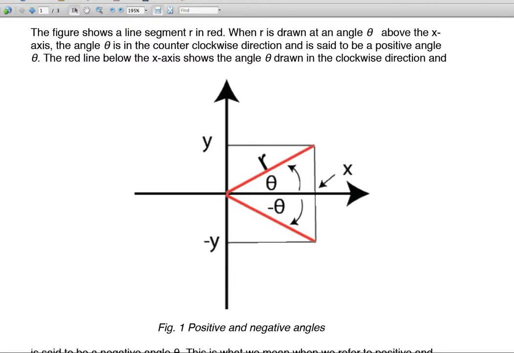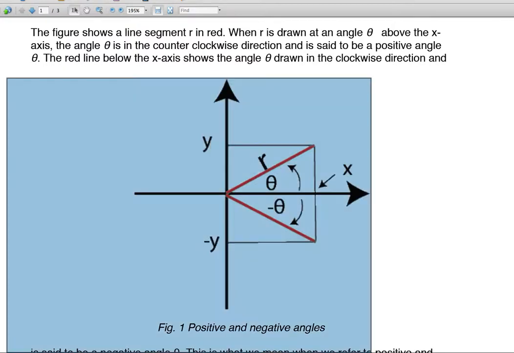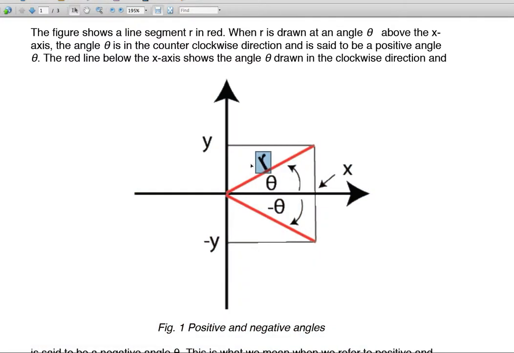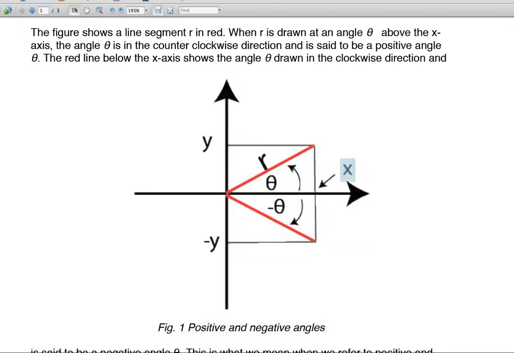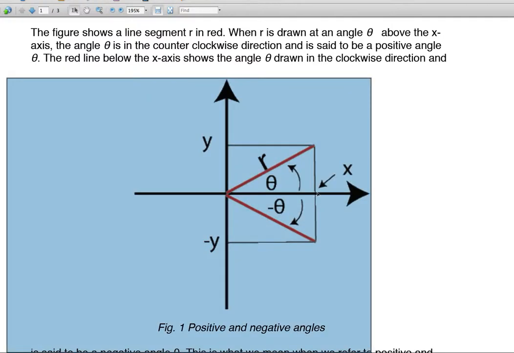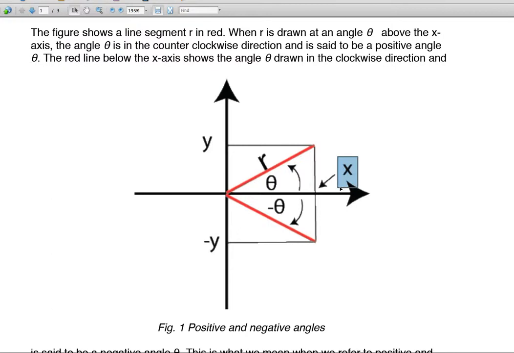Notice that the sine of theta is equal to y divided by r. Cosine of theta is x divided by r. If this distance right here is x, cosine of theta is x divided by r.